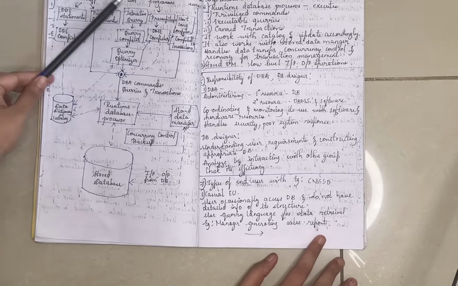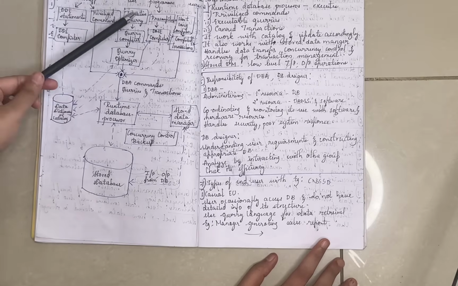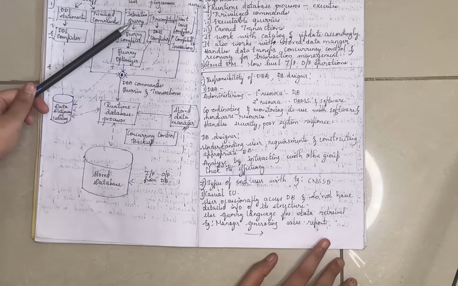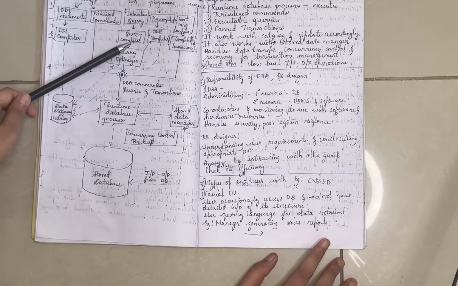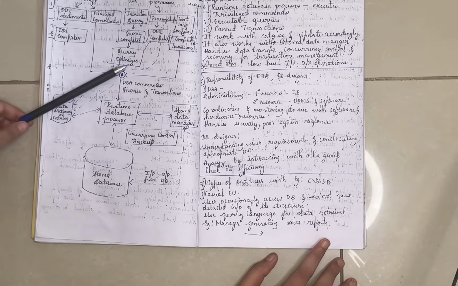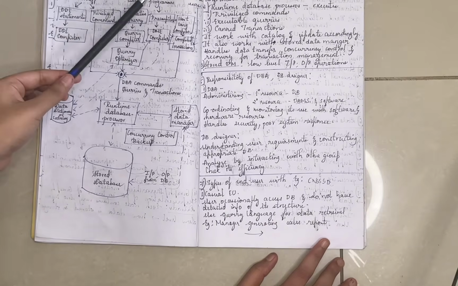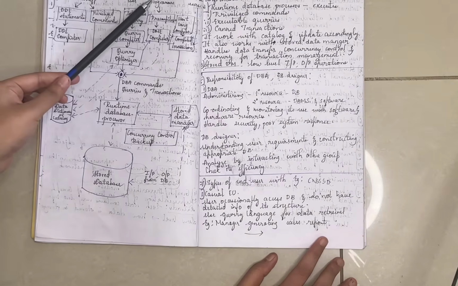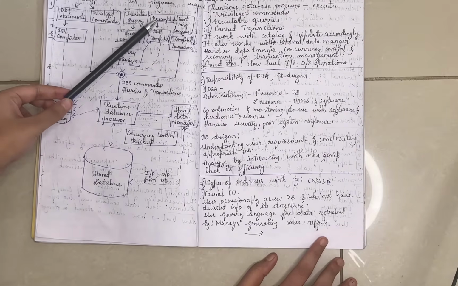Okay. Then casual user. So normal user, what he can do, he can just interact with the queries, right? So query has to be compiled, then the query needs to be optimized. Okay. Then application programmer, so they will be concentrating only on the application. So pre-compiler is required here.